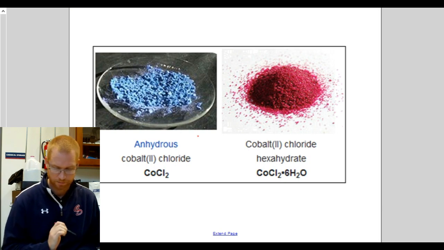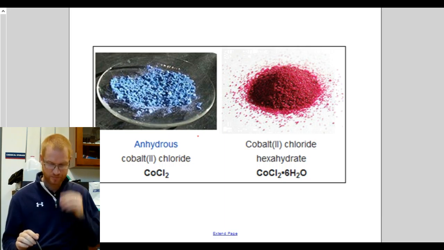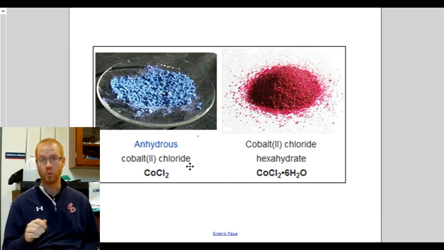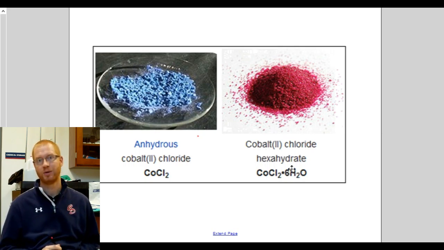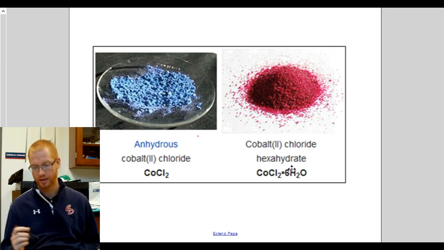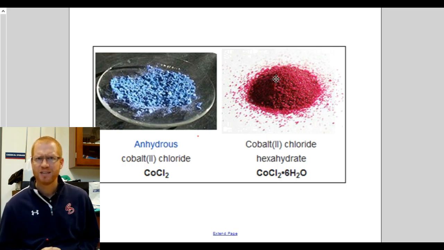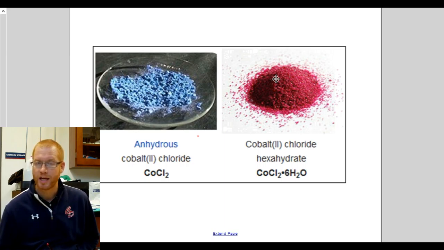Now, I want to take a look at something here. Notice, here we have anhydrous, or cobalt-2 chloride without water in it. Here we have cobalt-2 chloride with 6 waters in it. We have hydrated cobalt-2 chloride. Notice, there's a big difference there. There's a color change.